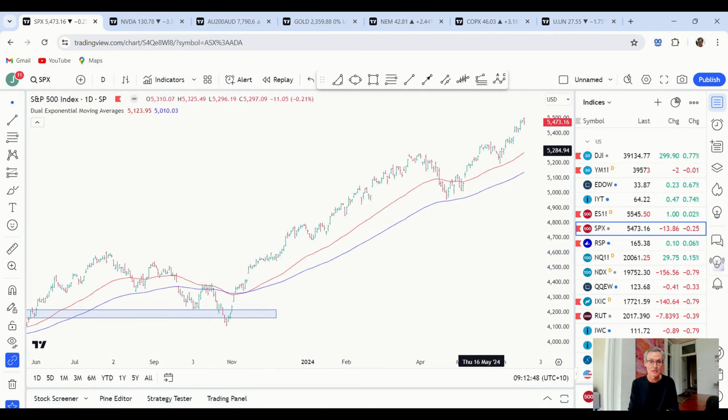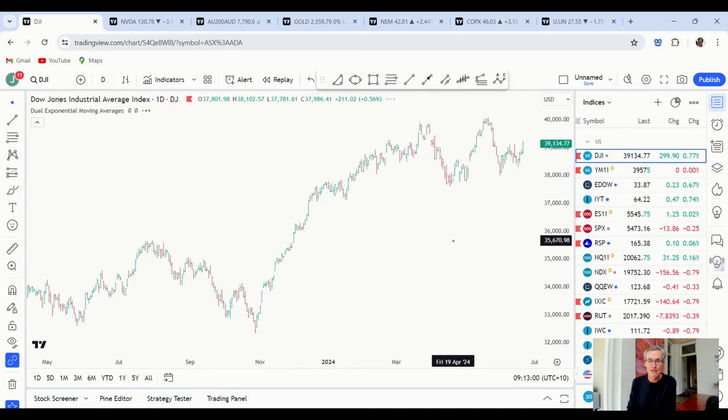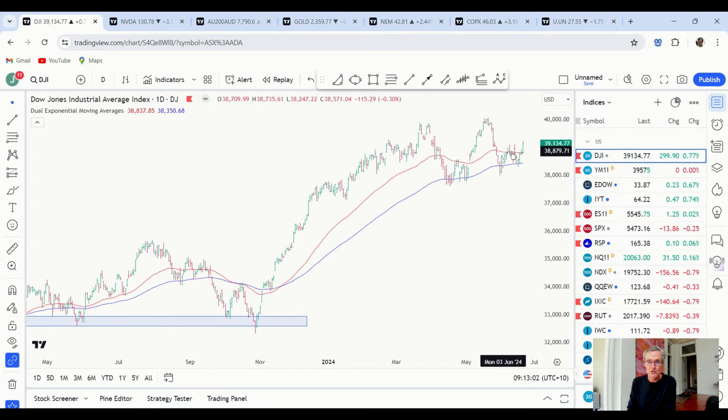I don't think we can just look at this blindly and say, well, that's just how it is. So when I look at other parts of the market, now in particular, I'm thinking the Dow and the S&P 500 equal weight. So just going over to the Dow first, you see the Dow's been trading sideways for the last couple of months. So it's not confirming the highs that we're seeing in the S&P 500 and the NASDAQ.